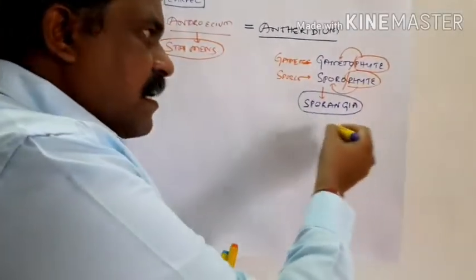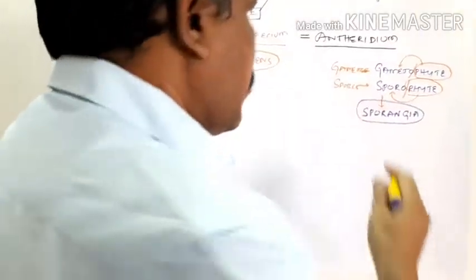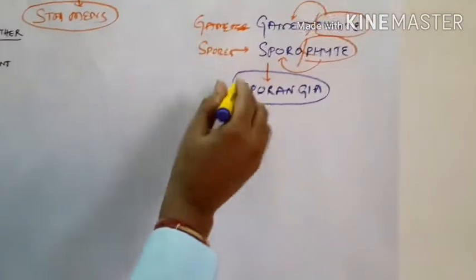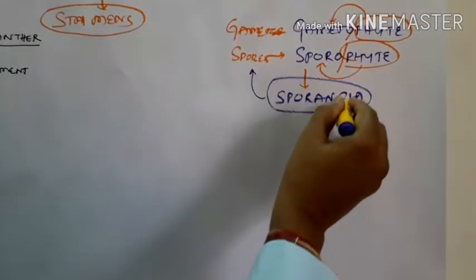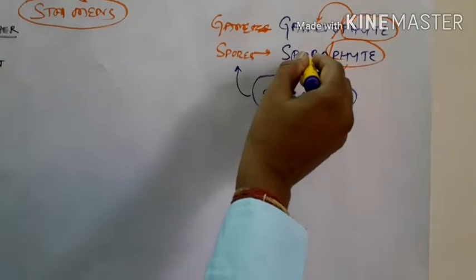A group of sporangium forms sporangia. So sporangia is the body that produces the spores, and the spores are enclosed in it.